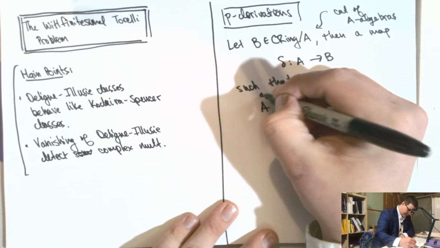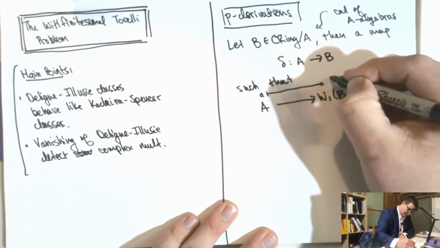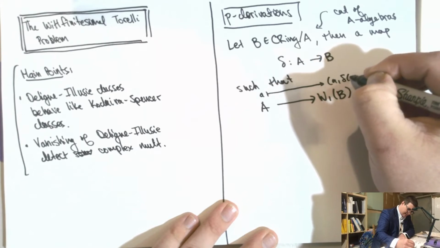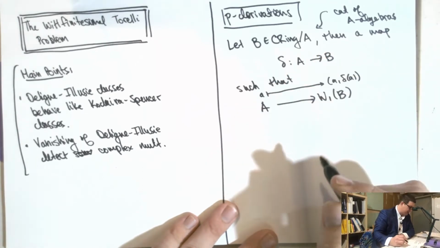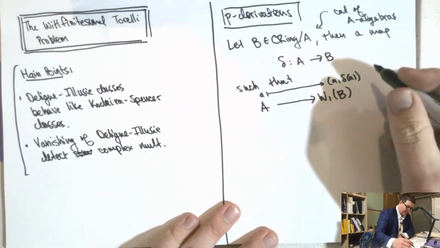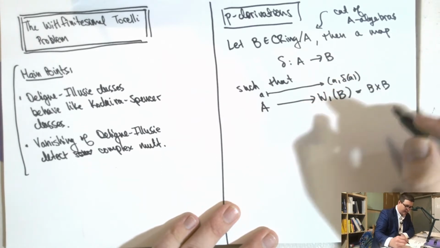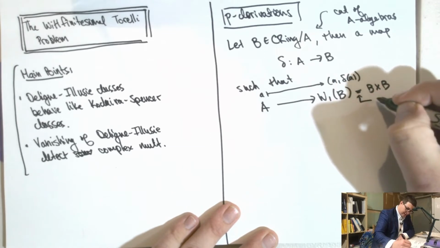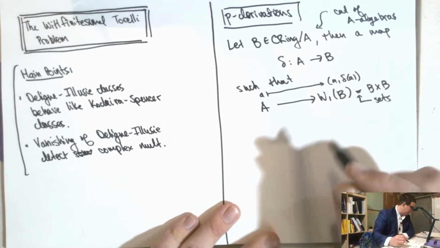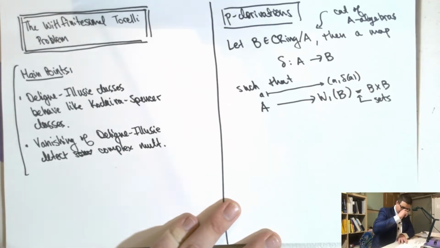The map's going to go from A to W_2 of A, and this makes sense because B is an A-algebra. I just want you to recall that this thing here is, as you can already see, B cross B as sets, and then it has this wacky addition and multiplication coming from the Witt vector rules.